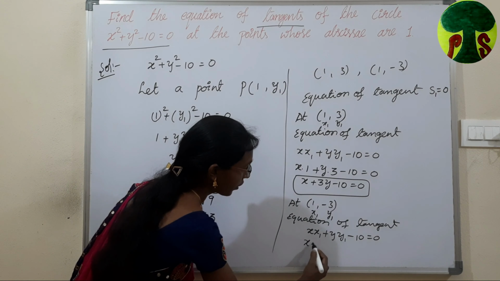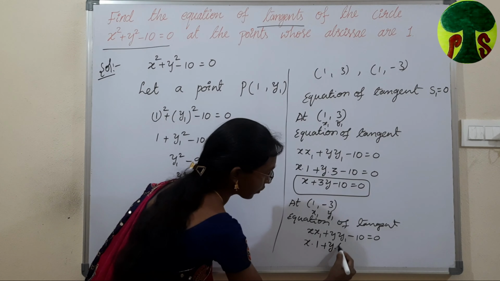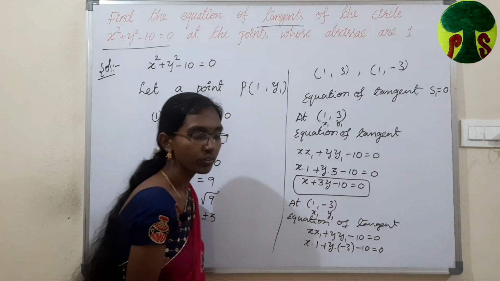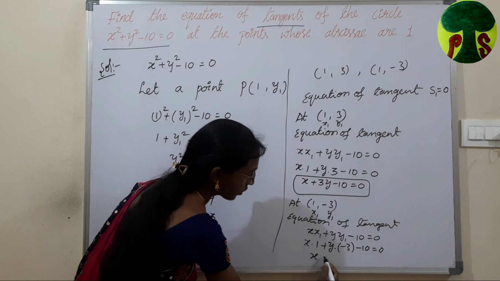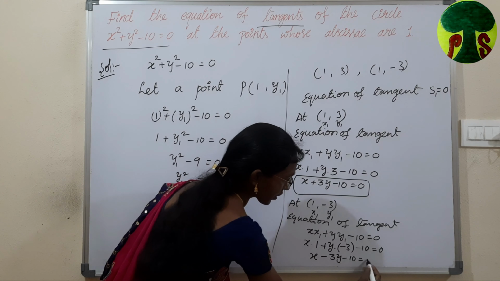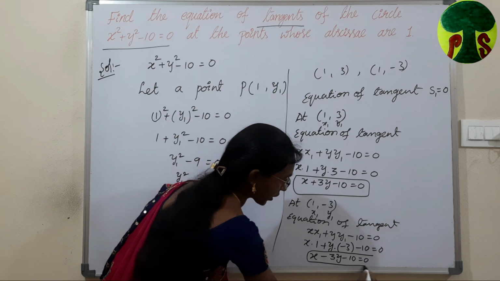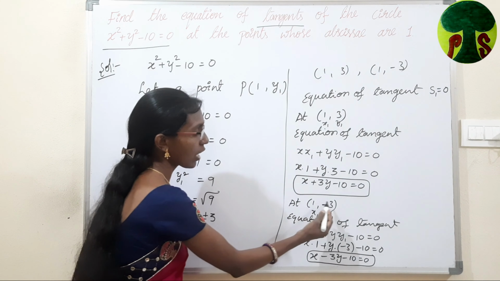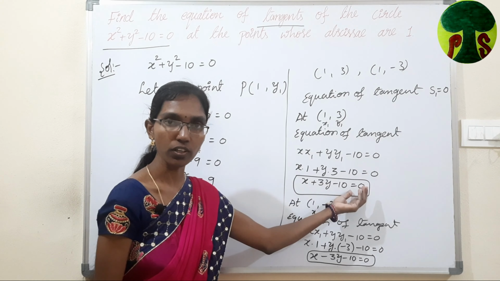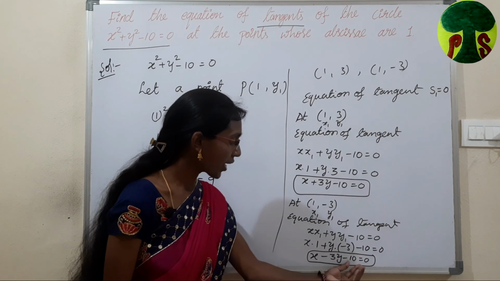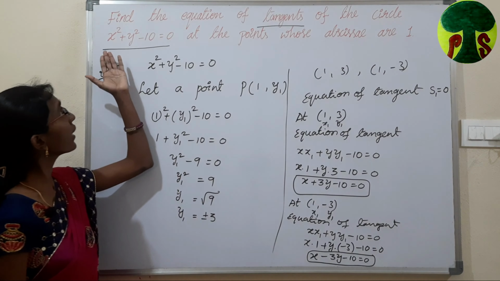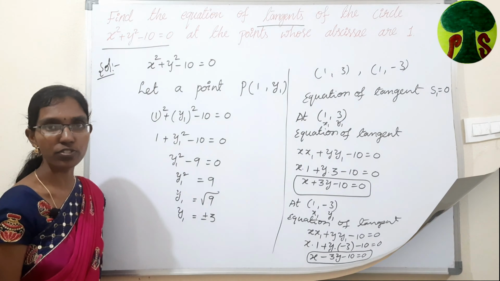So x into 1 plus y into minus 3 minus 10 equals 0. Now x into 1 is x, and plus into minus gives minus, so minus 3y minus 10 equals 0. This is the equation of the tangent at the point (1, minus 3). Therefore, x plus 3y minus 10 equals 0 and x minus 3y minus 10 equals 0 are the equations of the tangents to the circle x square plus y square minus 10 equals 0.